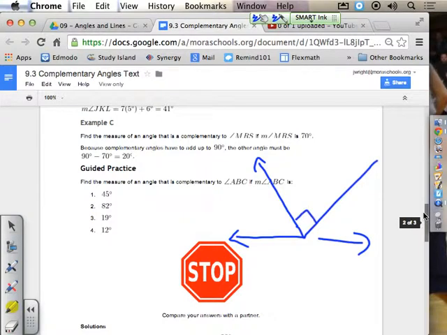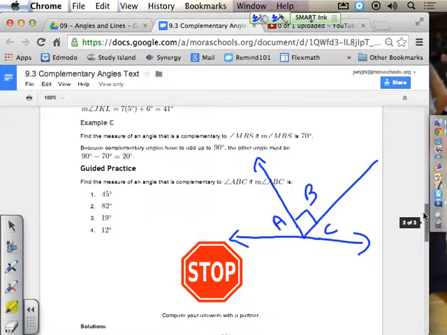Say this one right here is 90 degrees. Okay? That would mean that angles A, B, and C all have to add up to 180 degrees, which we should understand because this right here is a straight line. Well, angles A and C are complementary to each other. They add up to 90 degrees because B is 90. A and C have to add up to 90.